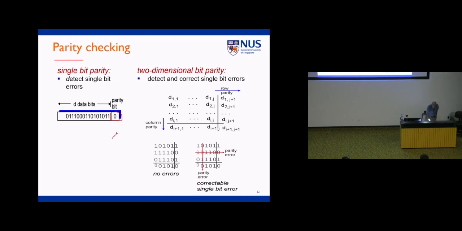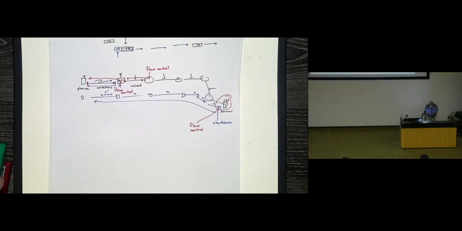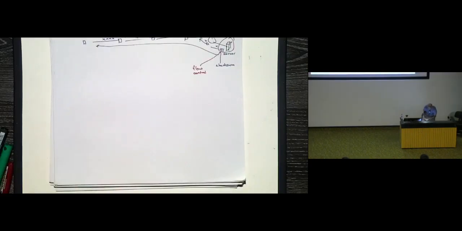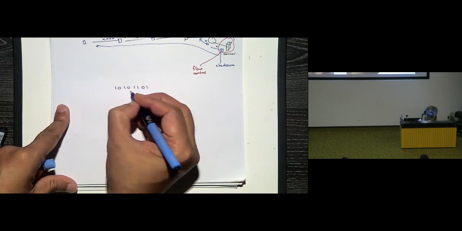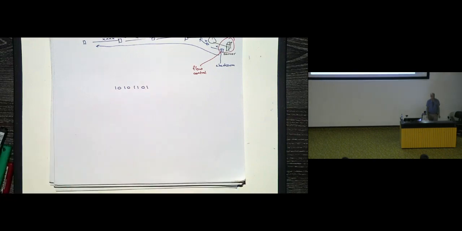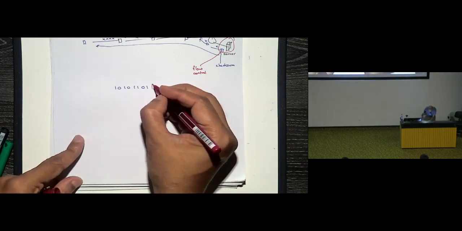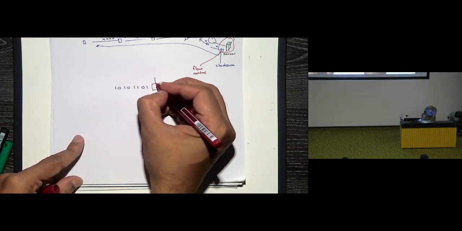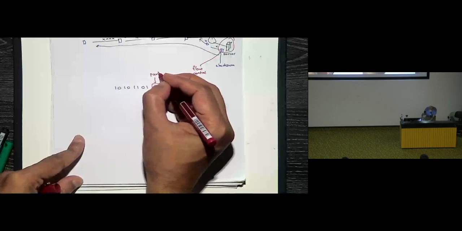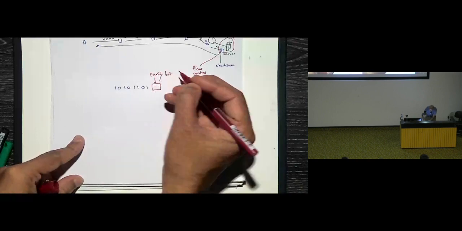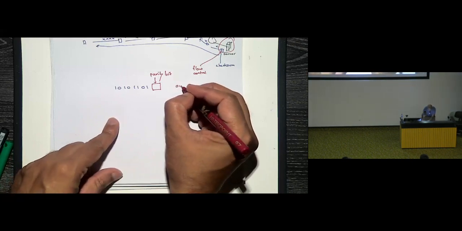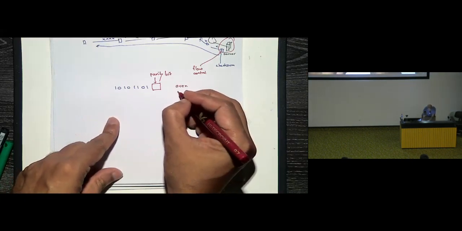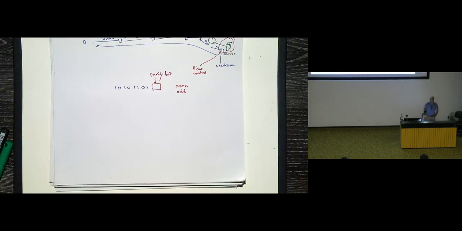Maybe I'll do an example here. Let's say this is my data. Eight bits of data. What I will do is add one extra bit here, and this is my parity bit. And even here I have two options. I can do even parity or I can do odd parity.